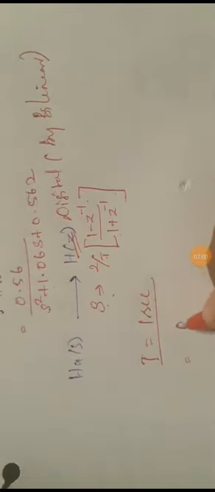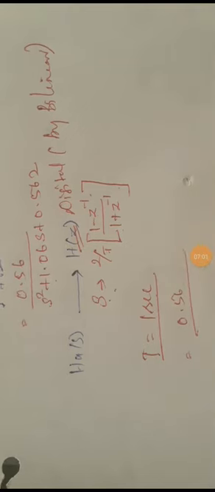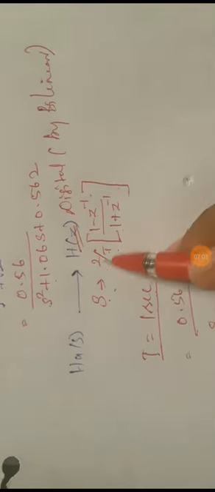So it is 0.56 divided by, instead of s, it is 2 divided by T, and T is 1 second as I am taking, into 1 minus z inverse divided by 1 plus z inverse, the whole power 2. It is s square.